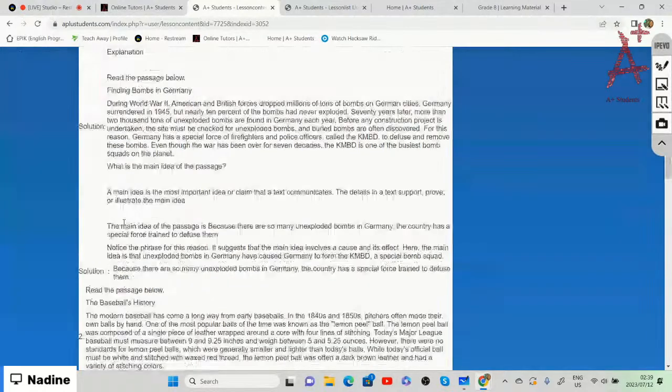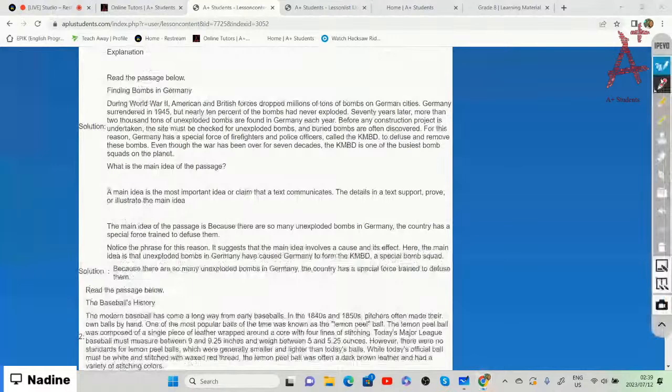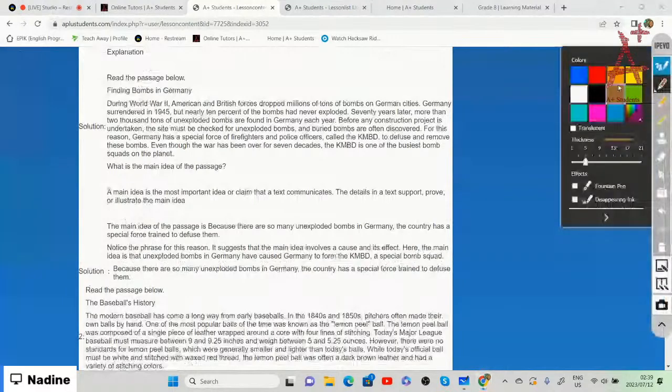All right, so here they say if we were to get a description of what the main idea was, based on the tutorial, then they'll say the main idea of the passage is there are so many unexploded bombs in Germany. The country has a special force trained to defuse them.